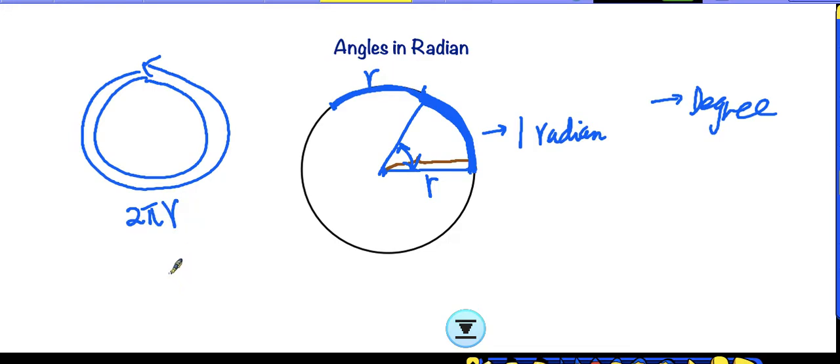If you look at the structure of the formula, it means 2 pi radii can go around the circle. That means the whole circle is 2 pi radians.